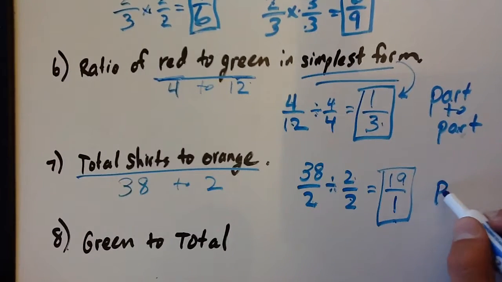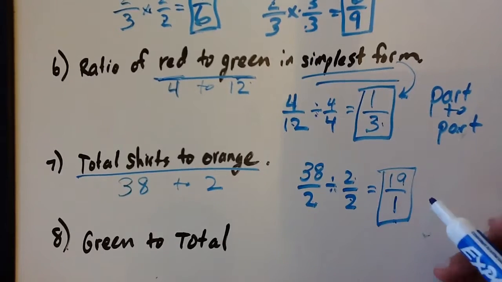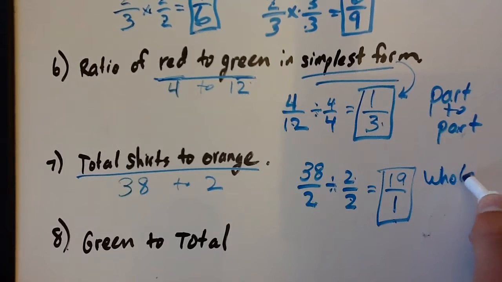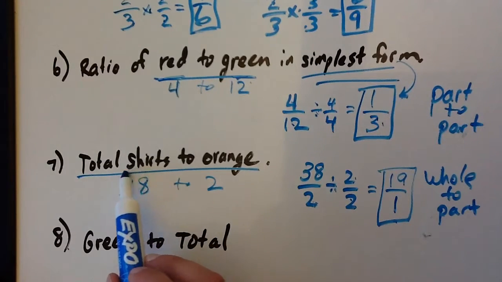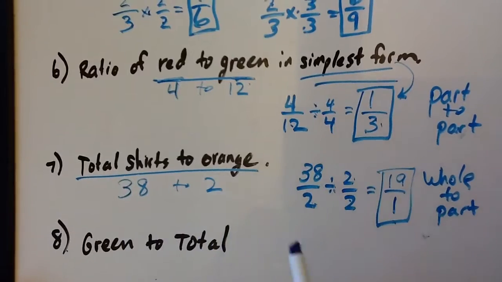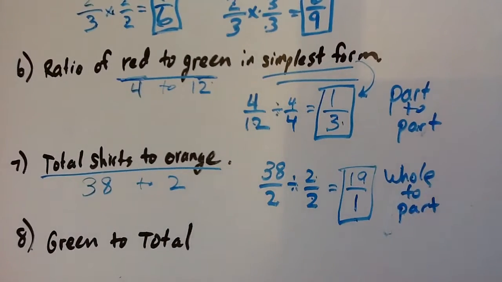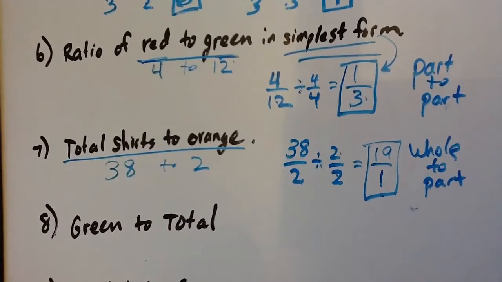This ratio compares whole to part, right? It compares all of the shirts, or the total shirts, to the orange shirts. So all of the shirts to part of the shirts. It's a whole to part comparison.